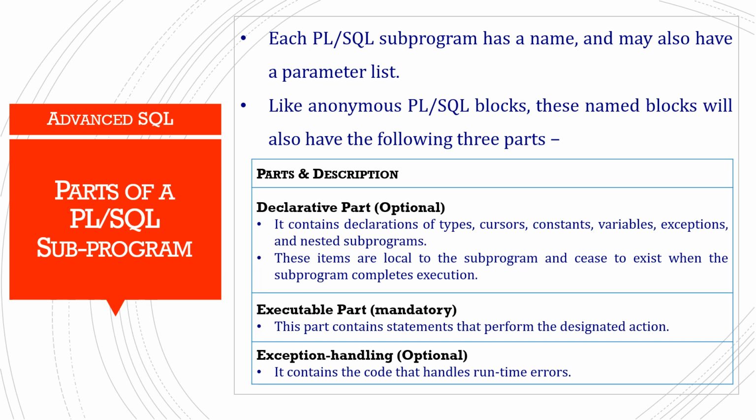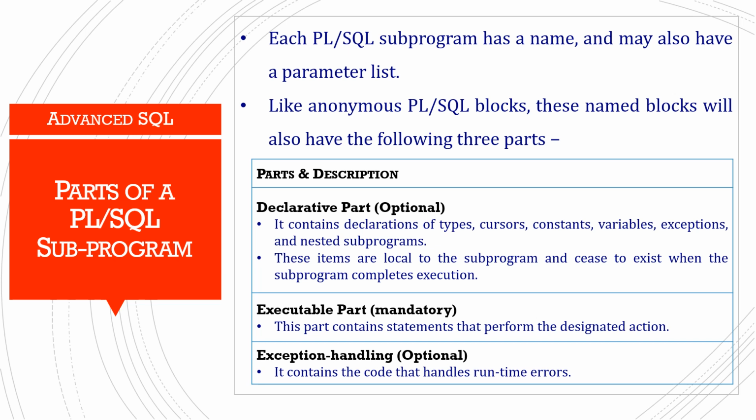The declarative part consists of declarations of cursors, constants, variables, etc. These items are local to the subprogram, and they stop existing when the subprogram completes execution. That is, the scope of the variables declared within the declarative part is local to the subprogram.